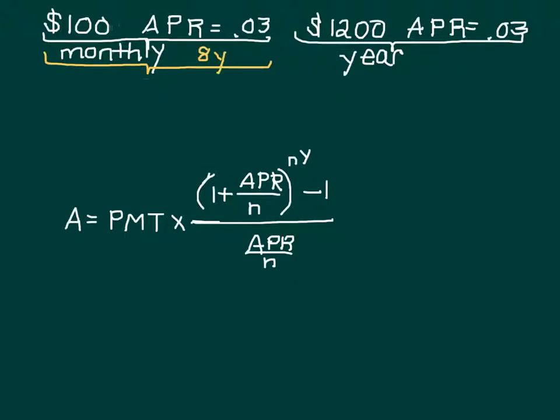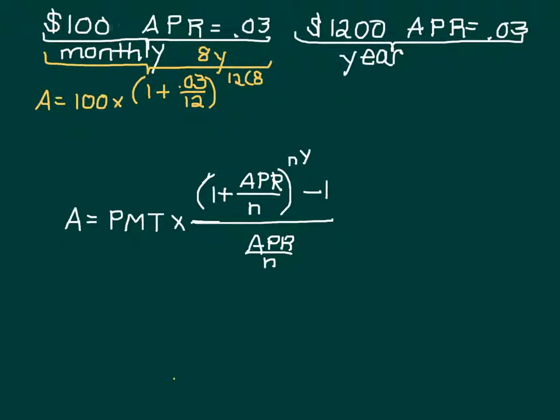So at 8 years, the amount of money that she will have is equal to the payment, which is $100, and that goes in monthly, times, in the numerator we have 1 plus the interest rate, which is 0.03 divided by n, and in this case, since she's depositing monthly, n is 12 times per year, and then this is raised to the n times y, which is 12 times the number of years.